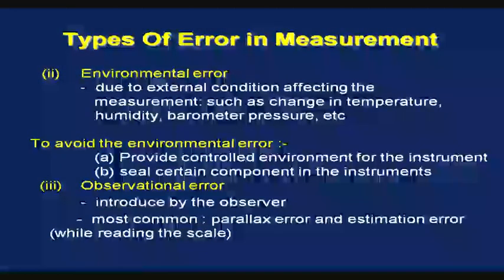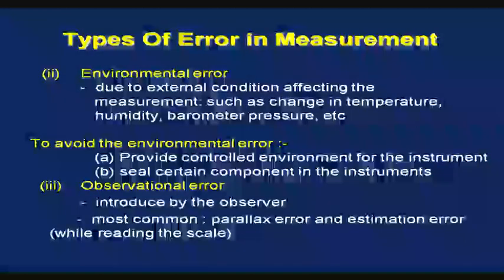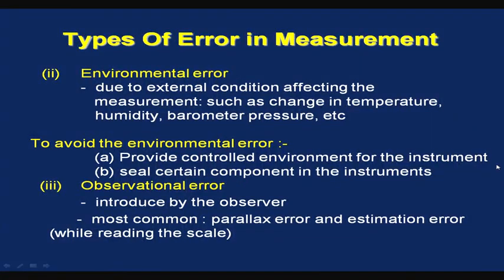Environmental error. This is due to external conditions affecting the measurement, such as change in temperature, change in humidity, change in atmospheric pressure, etc. To avoid the environmental error, we should provide a suitable controlled environment for the instrument.